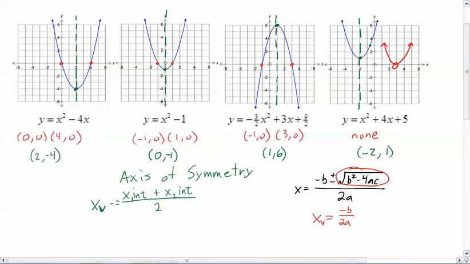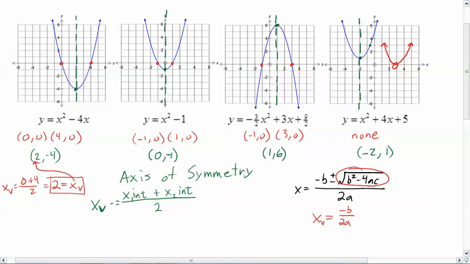And note that if I do that for this one, 0 plus 4 divided by 2, I get 2. So xv, the x value of the vertex, is 2. It also means that my axis of symmetry is at 2.